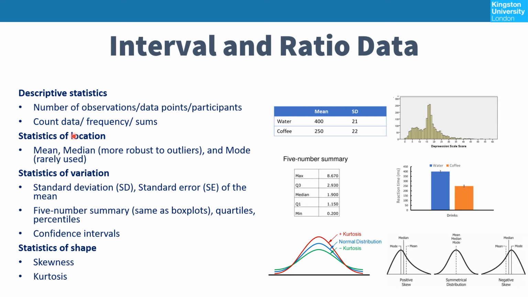In terms of location statistics, we can report mean, median, maybe even mode if that is relevant for your data set. In terms of variation, we can report standard deviation, standard errors. We can also use a 5-number summary, and this is normally represented as a box plot. But we can also report confidence intervals around the estimates that we actually have, and even make statements about the shape of our distribution in terms of how skewed it may be, or how flat or how tall.